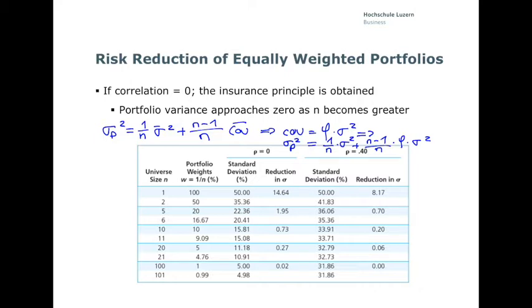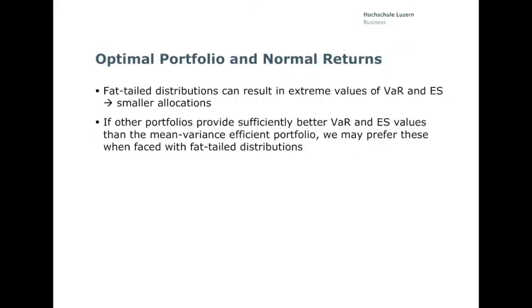More surprisingly, portfolio risk diminishes far less rapidly as n increases in the positive correlation case. The correlation among security returns limits the power of diversification.